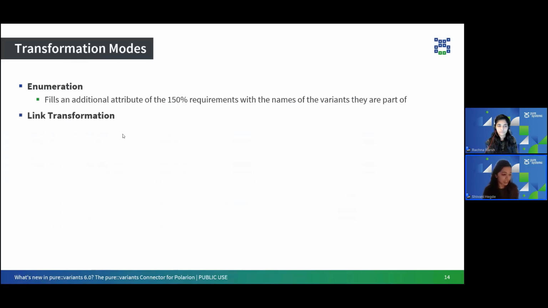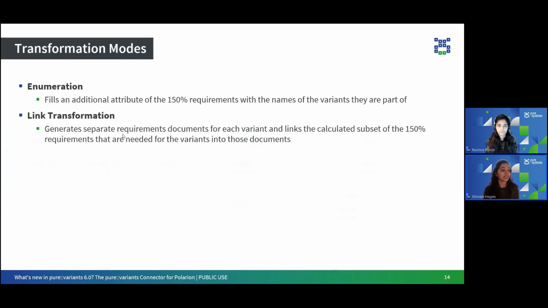Next, we have the link transformation. In link transformation, it generates a separate requirements document for each variant. And in there, we refer to a subset of superset requirements that is needed for that variant. So meaning that the requirements in the variant specific output are always in sync with the 150% document.